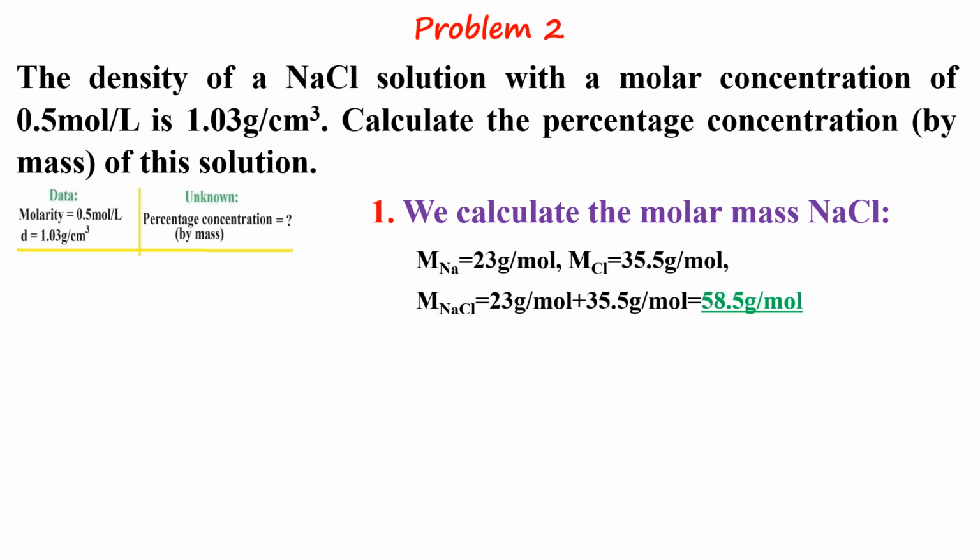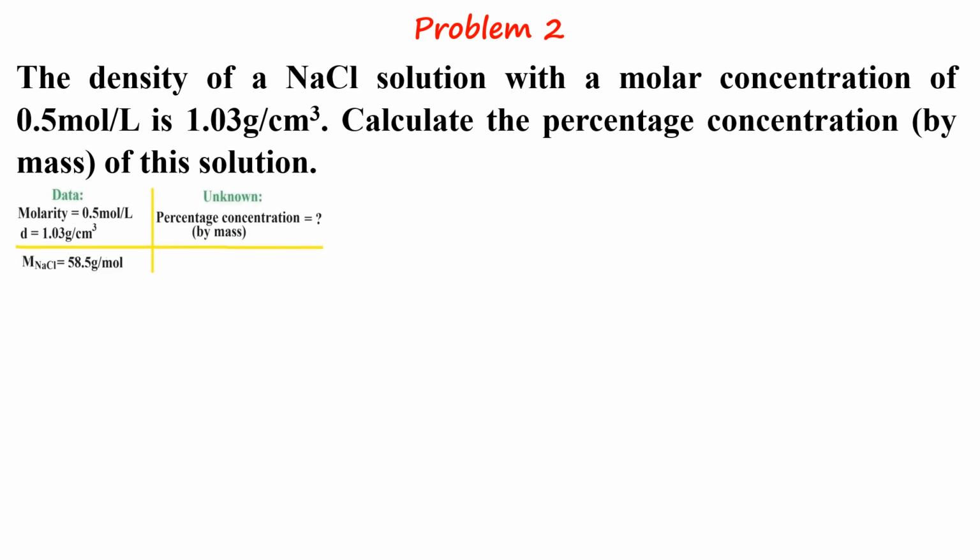From the periodic table, we read the atomic masses of sodium and chlorine, write them as molar masses, and of course add these masses together. We get a value of 58.5 gram per mole. Now we know that each mole of sodium chloride weighs 58.5 grams. I write down the molar mass of the sodium chloride under the problem data.